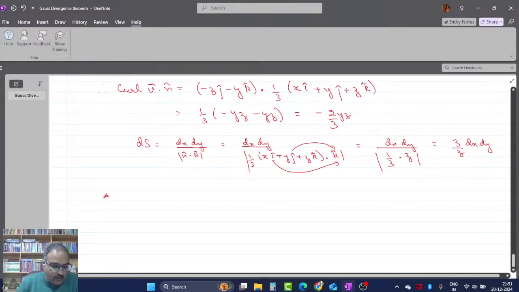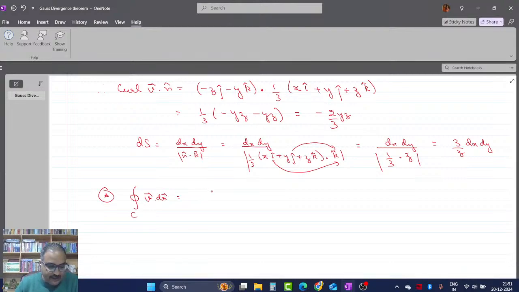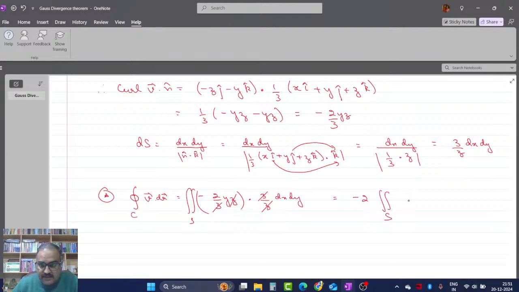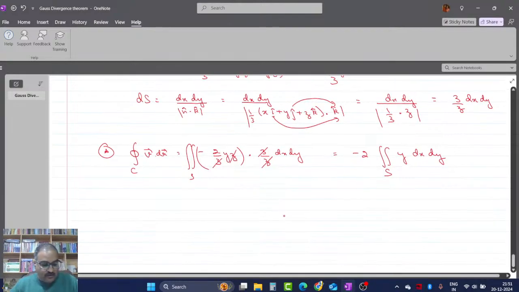So equation star reduces to line integral along the curve C of v dot dr, जिसको हम ds भी लिखते हैं, that is equal to minus 2 by 3 yz, that is the value of curl v dot n cap into ds into 3 by z dx dy over the surface integral. ये 3 और 3 कैंसिल, z और z कैंसिल आउट, सो माइनस 2 बाहर, डबल इंटीग्रल ओवर द सरफेस s y dx dy. ओके, नाउ दिस इज बेसिकली हेमिस्फीयर.